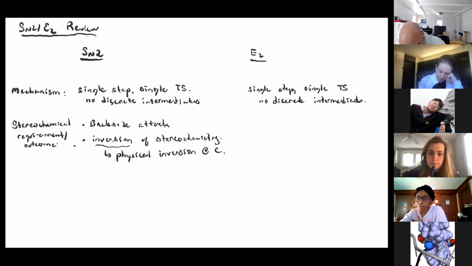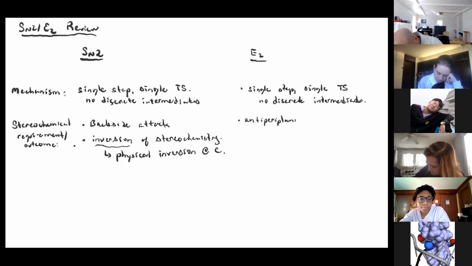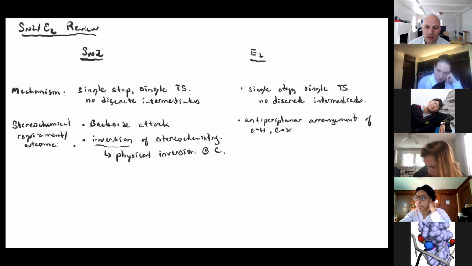So we say that anti-periplanar arrangement of the C-H to be eliminated and the C-X is optimal, because the other option is a syn-periplanar arrangement. So let me just come to that in a second.